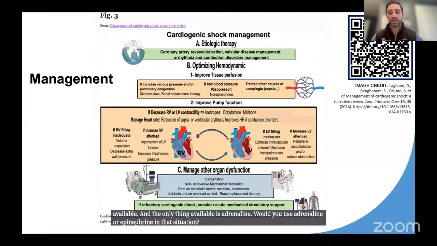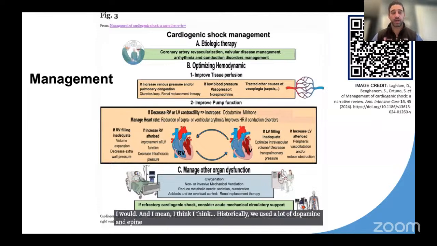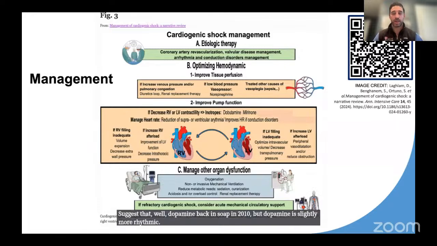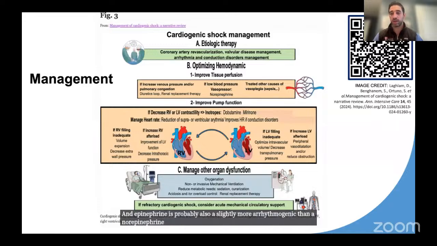I would, and I mean, I think historically we used a lot of dopamine and epinephrine, and the literature, again, out of small trials over the past 10 years or so, suggests that dopamine, back in SOAP in 2010, but dopamine is slightly more arrhythmogenic, and epinephrine is probably also slightly more arrhythmogenic than a norepinephrine plus inodilator, which would be a dobutamine or milrinone choice.